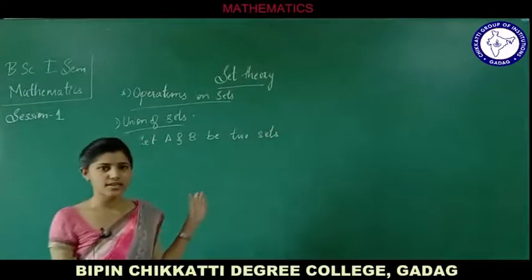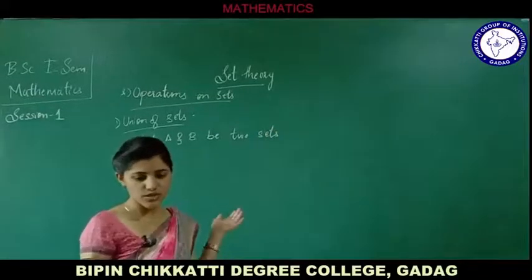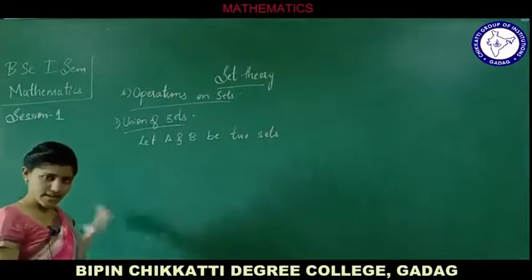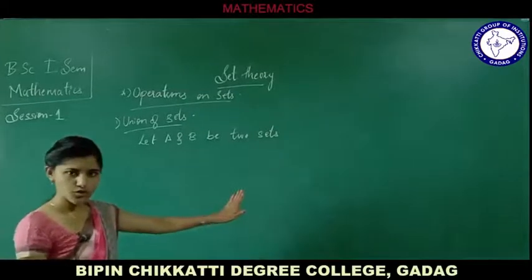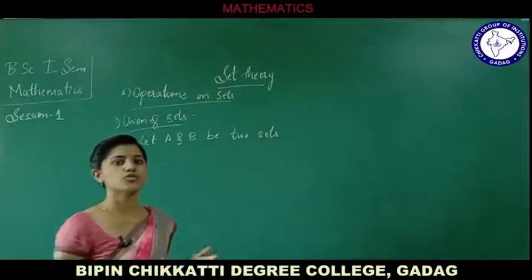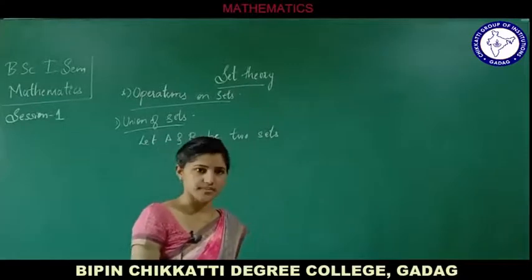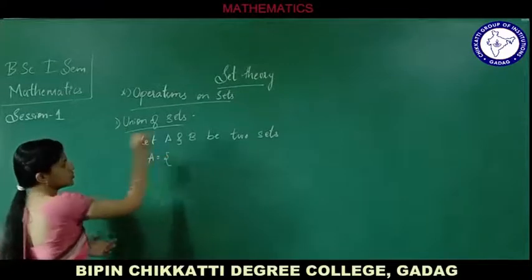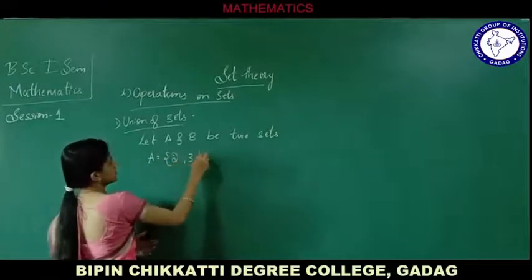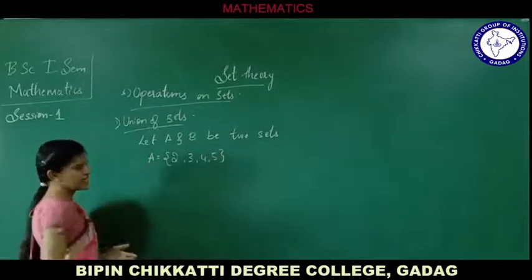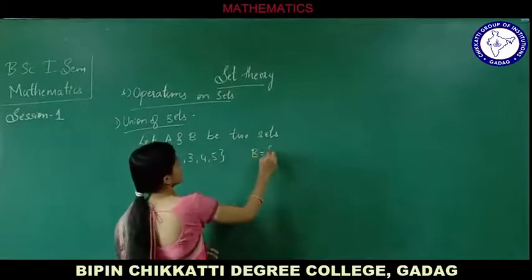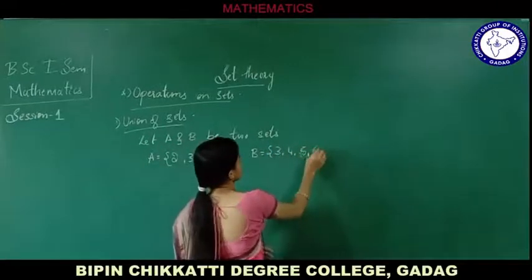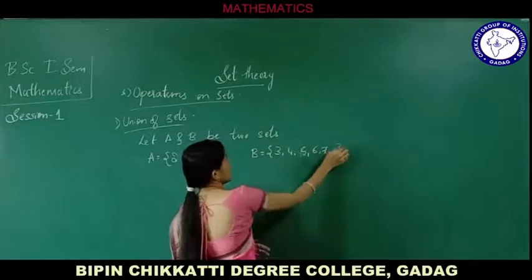Then the union of sets can be defined as any object belonging to A, or it might be belonging to B, or it might belong to both A and B. For example, let A be equal to 2, 3, 4 and 5. Let the set B be equal to 3, 4, 7, 5, 6, 7 and 8.